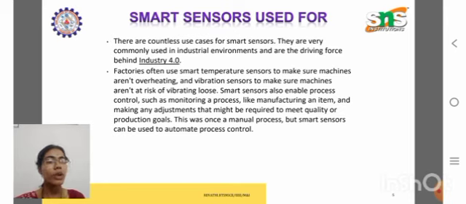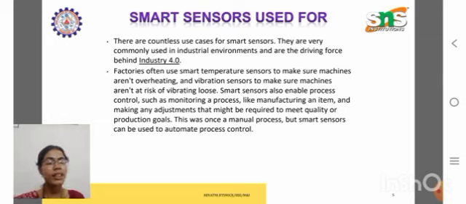Smart sensors also enable process control, such as monitoring a process like manufacturing an item and making any adjustment that might be required to meet quality or protection goals. This was once a manual process, but smart sensors can be used to automate process control.